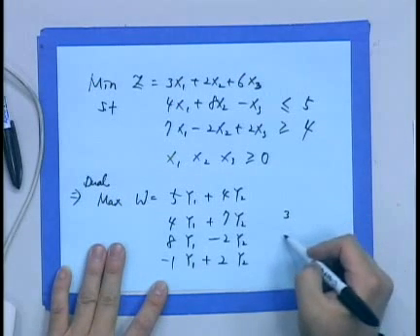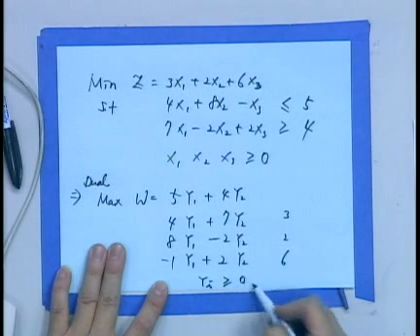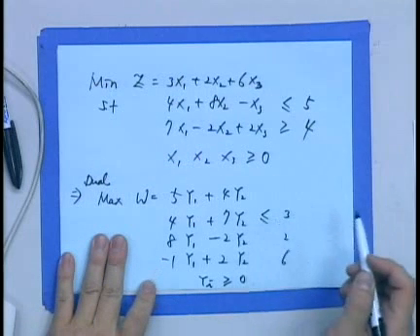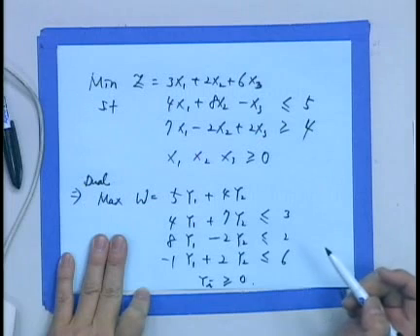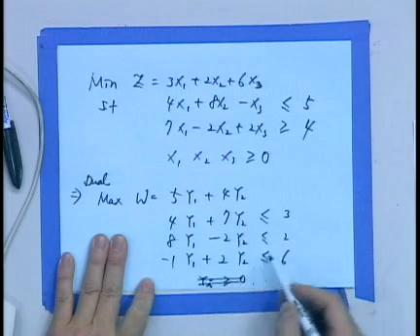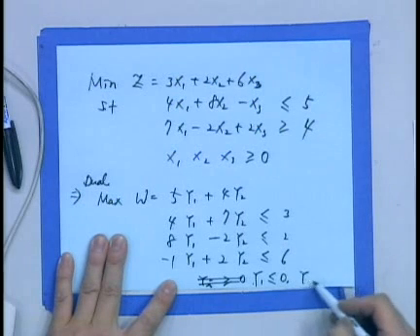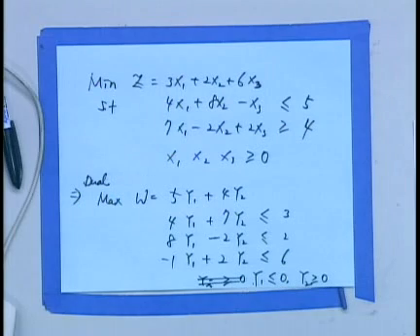And 3 to 6, all the dual variables are greater than or equal to 0. And all the constraints should be like this. Or no, the y1 variable should be less than or equal to 0, instead of greater than or equal to 0. But y2 is greater than or equal to 0, right?